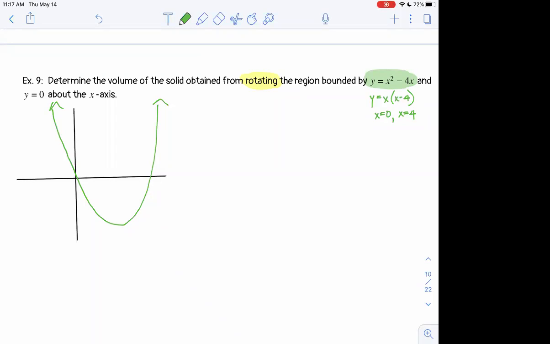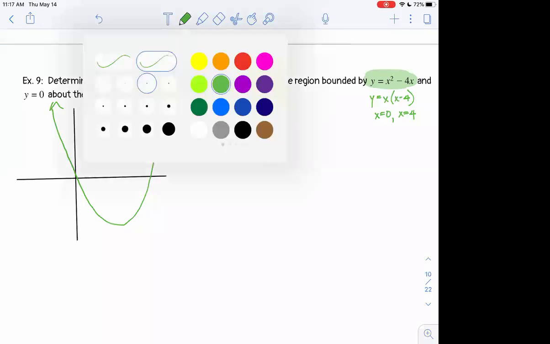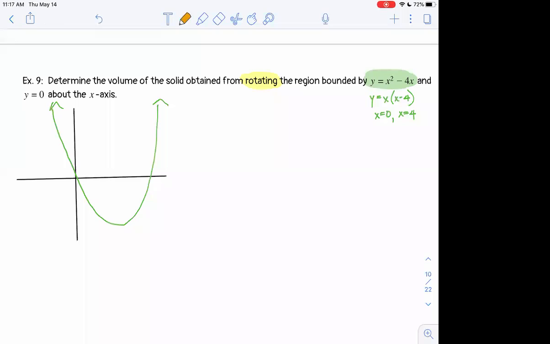So I know that this is the graph of y equals x squared minus 4x. And then the region is also bounded by y equals 0, and y equals 0 is another name for the x-axis. So I'm going to draw in that other curve right here. Okay. Now, what that means is the area that I'm interested in rotating is this part below the x-axis.